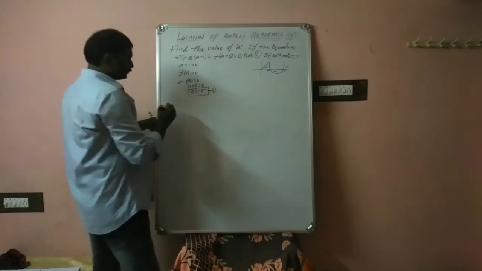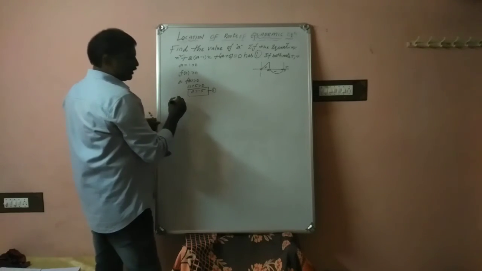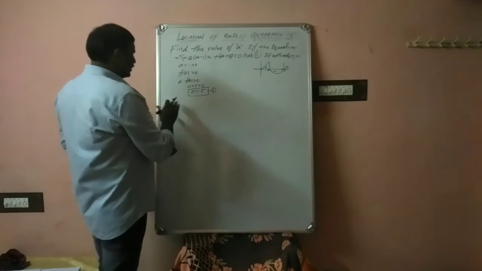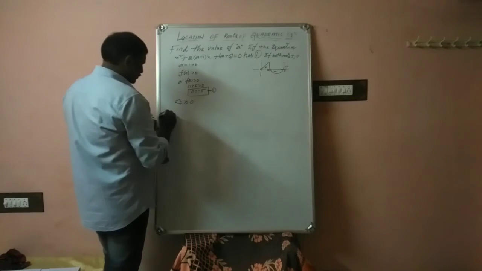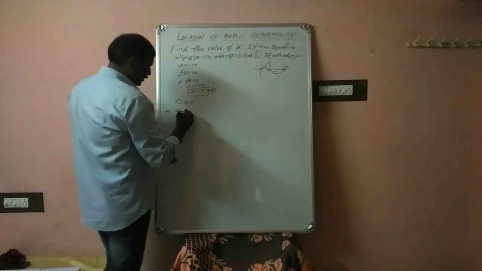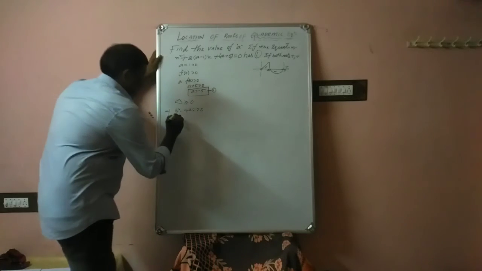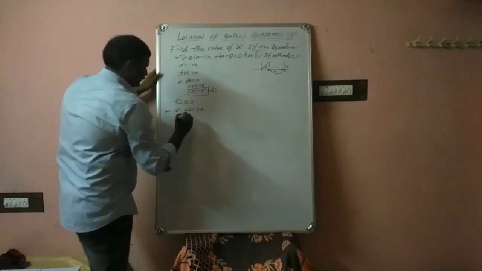Next, what about minus b by 2a? Minus b by 2a is greater than 0 and delta is also greater than 0. What is delta? We'll check this one. Delta is greater than or equal to 0. What is delta? B square minus 4ac is greater than or equal to 0. B is 2 into (a minus 1).